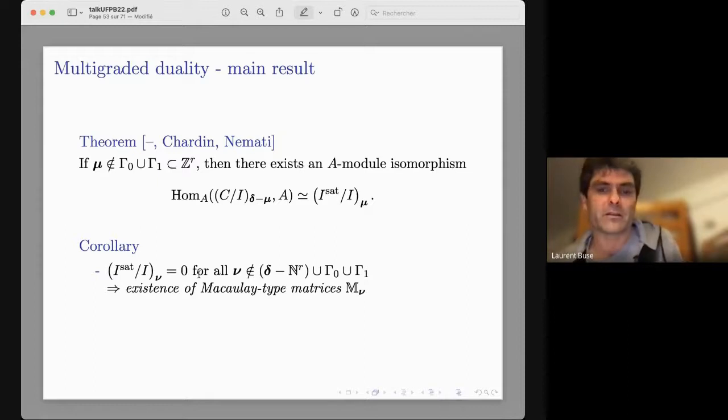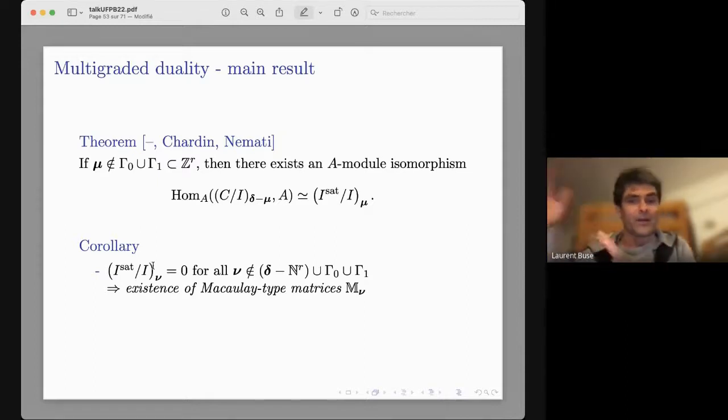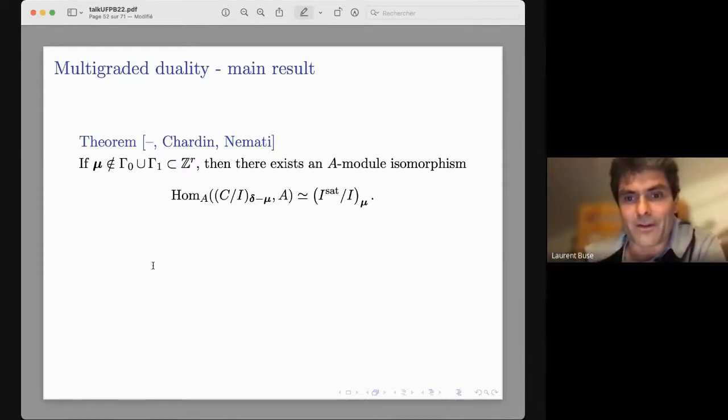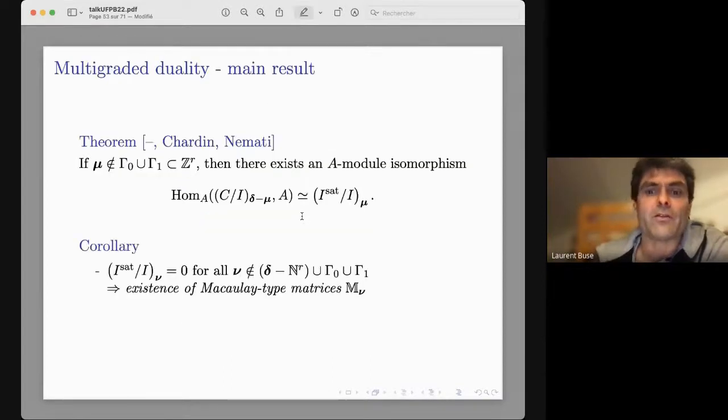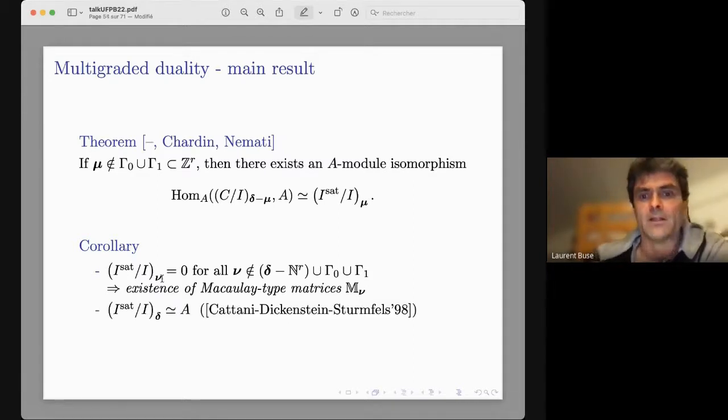This is what we expected. And in this white area, all the area that is here, you have the Macaulay-like matrices that we described before. We have the matrices for mu that will hold because I sat mod I is equal to 0 in this degree.